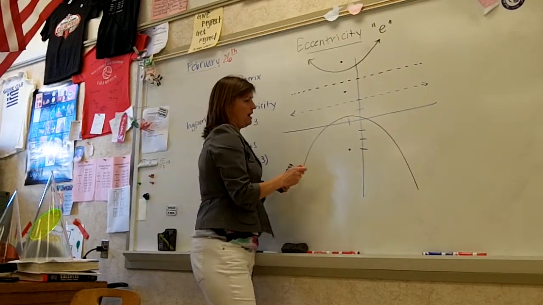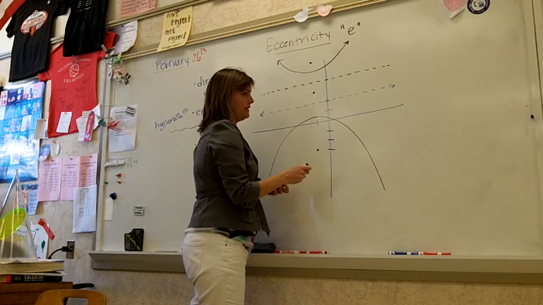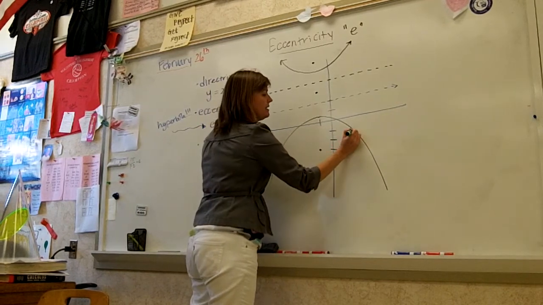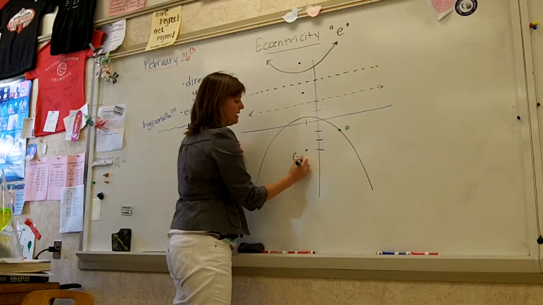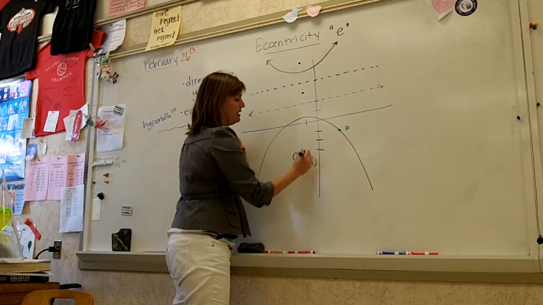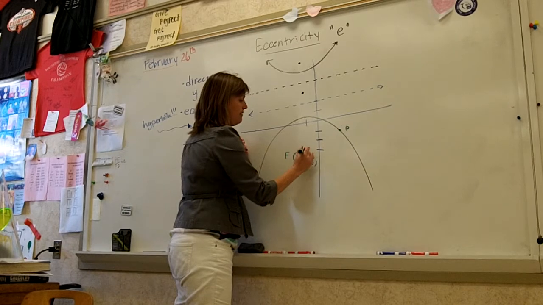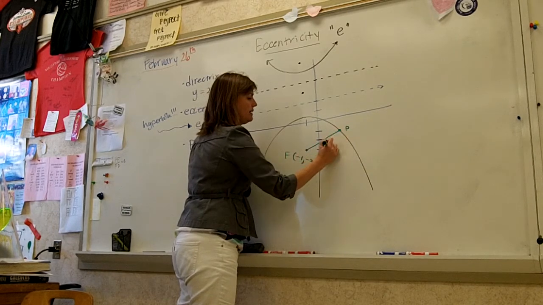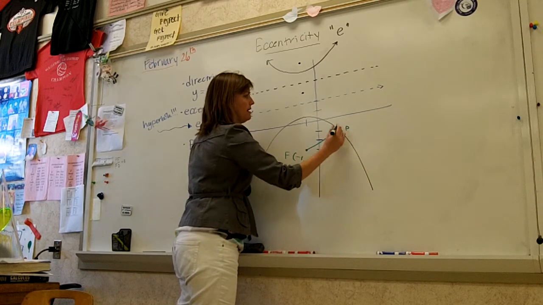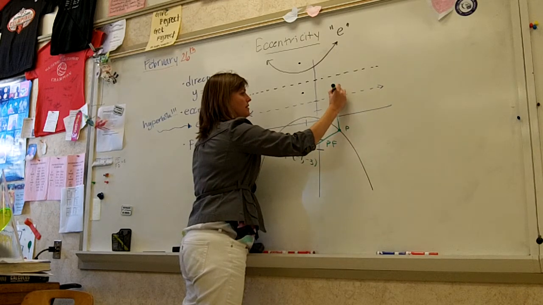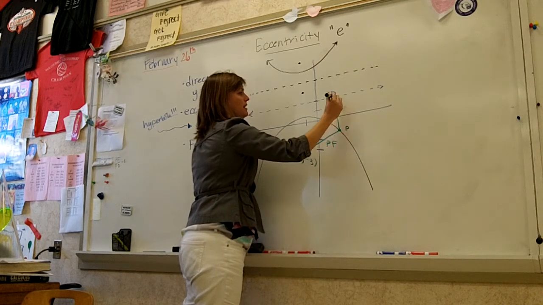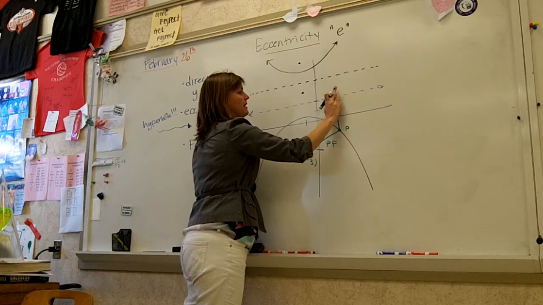So, here is my point P, and my focus is over here at -1, -3. That's F. So here's PF, and this is going to be D. I have to label this point too.